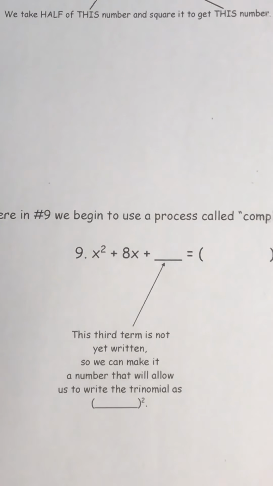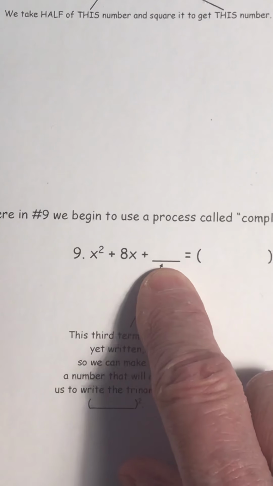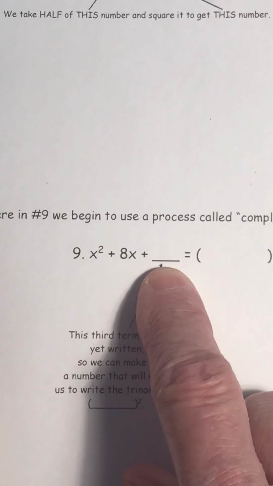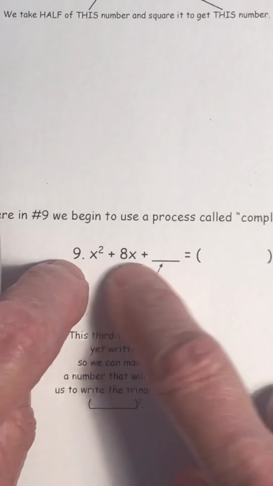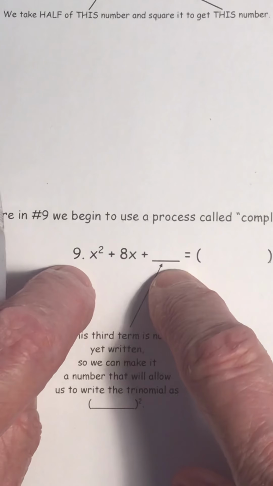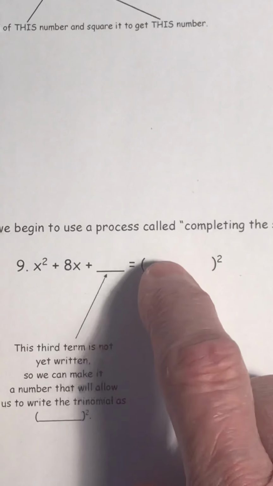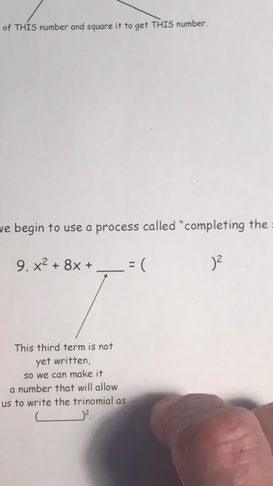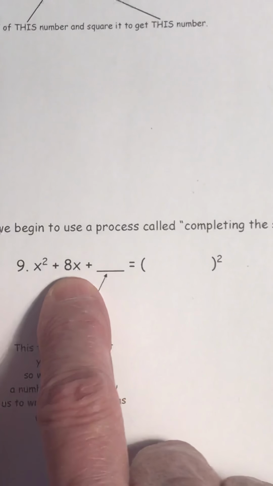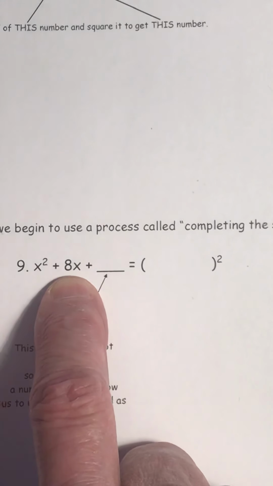And here's the real crux of the matter. There is no number there. We're allowed to put whatever number we want, and we want to put a number there so that this will be what's called a perfect square trinomial. So this will be rewritable as x plus or x minus something squared. So again, this is supposed to be double something. What is this the double of? That's the double of 4x.